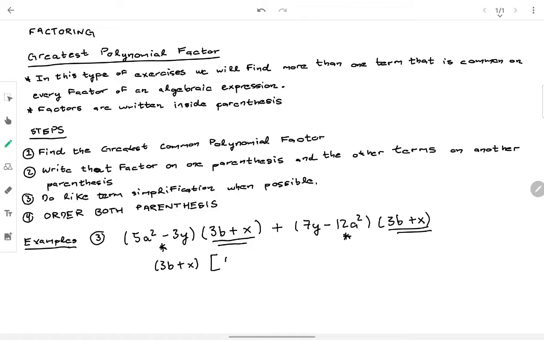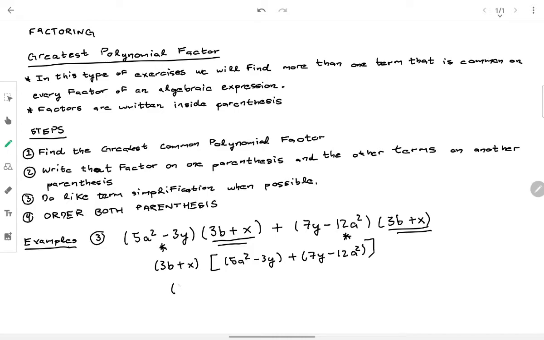So I will put it like 5a squared minus 3y plus 7y minus 12a squared. I put that inside brackets because we have parentheses, so we can use brackets.